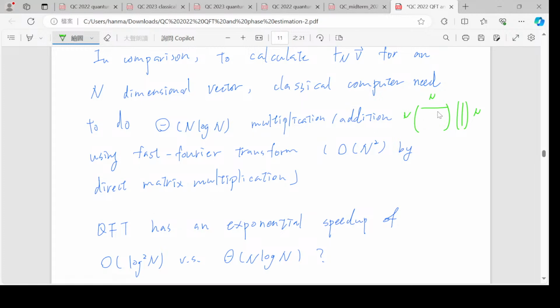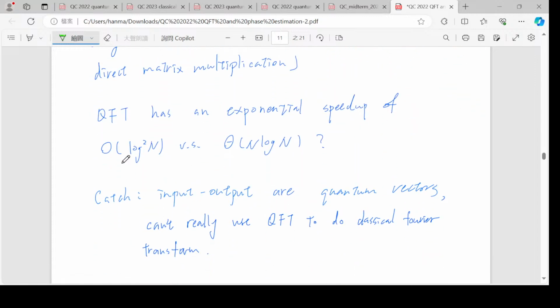If you do it in the stupid way, it's order N squared, and if you do it smartly, it's order N log N. But compared to the quantum Fourier transform, that's much slower, because the quantum Fourier transform is only order log squared N. So it's an exponential improvement over the classical Fourier transform.